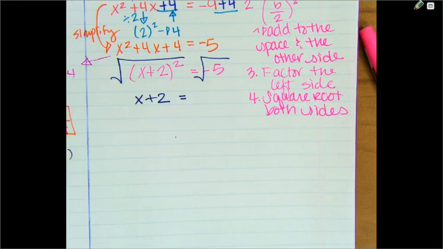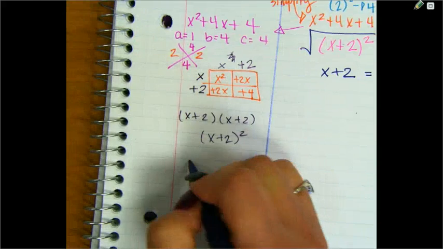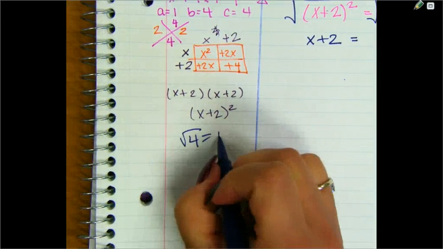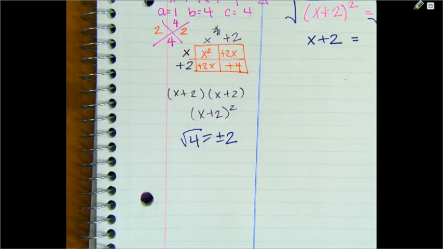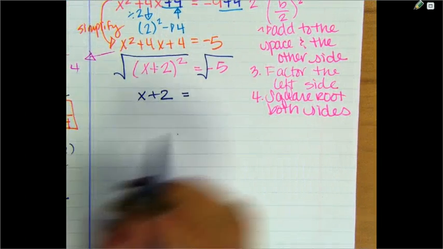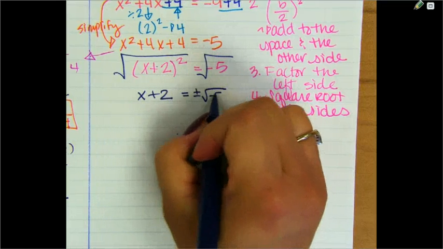When you take the square root of something, what is it? What's the square root of 4? Plus or minus 2. So what do I do with the square root of negative 5? Plus or minus the square root of negative 5.